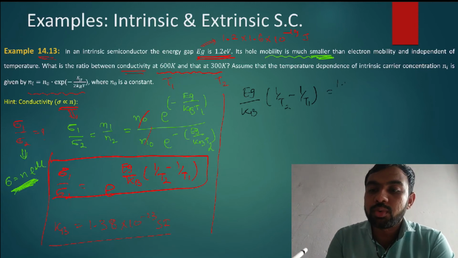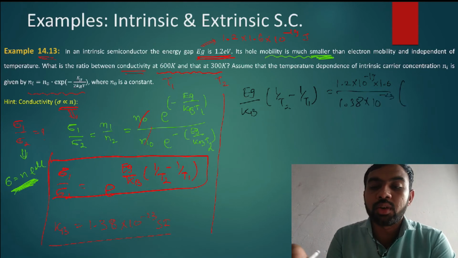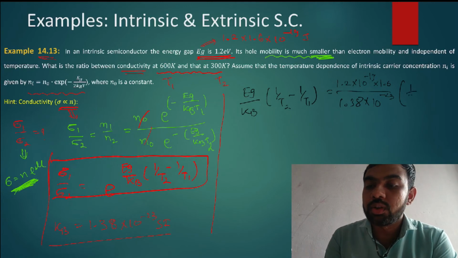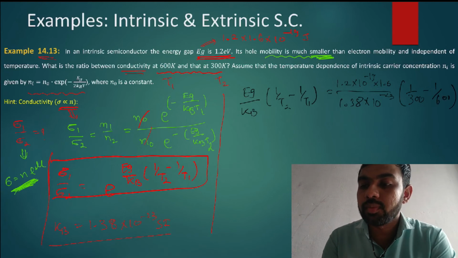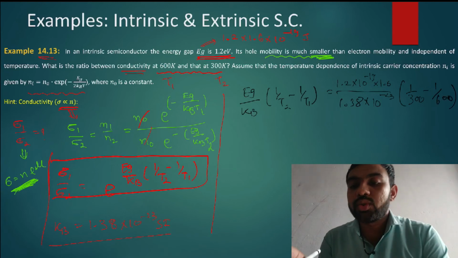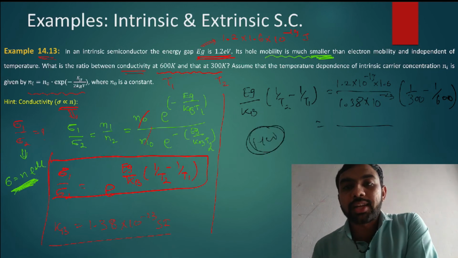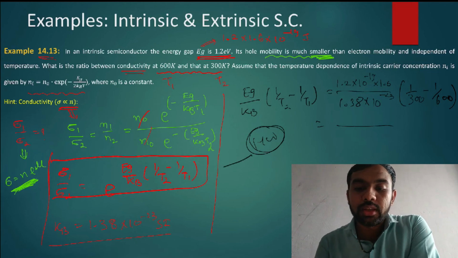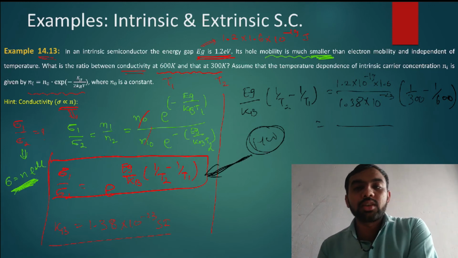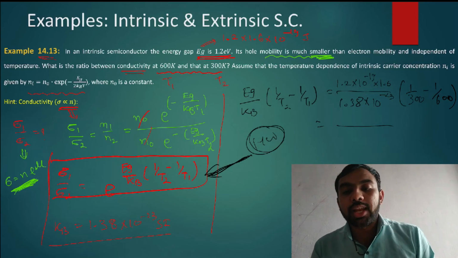Eg is equal to 1.2 into 10 raised to minus 19 into 1.6 upon kB means 1.38 into 10 raised to minus 23, into 1 upon 300 minus 1 upon 600. ठीक है, चलो ऐसा हुआ. तो बाकी का आप कैलकुलेट कर लो अपने आप. So this remaining task is in homework. First you find this value, then just put this value in this relation. So finally you get the answer of sigma 1 upon sigma 2.